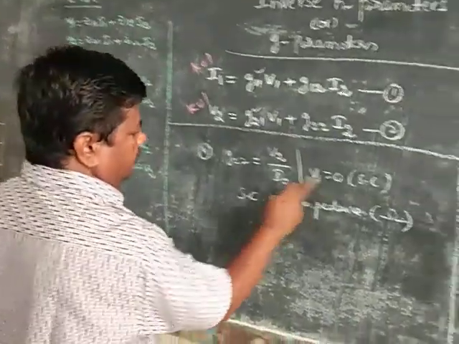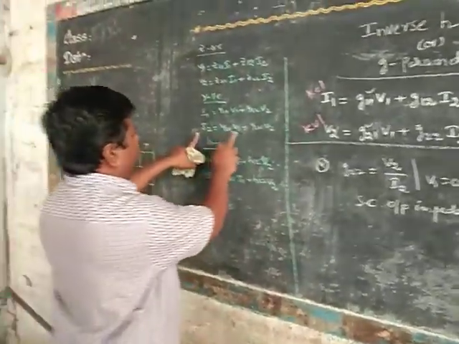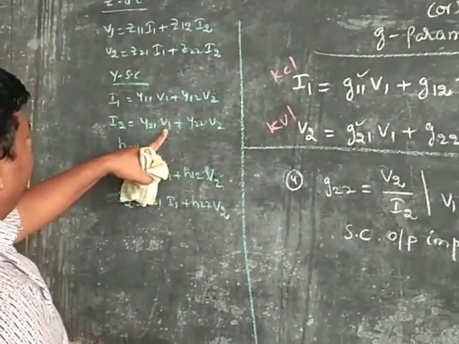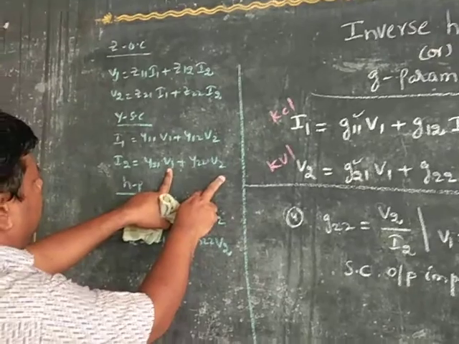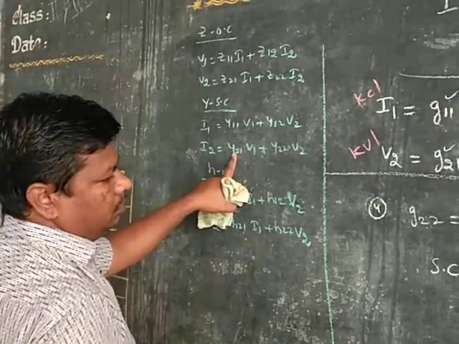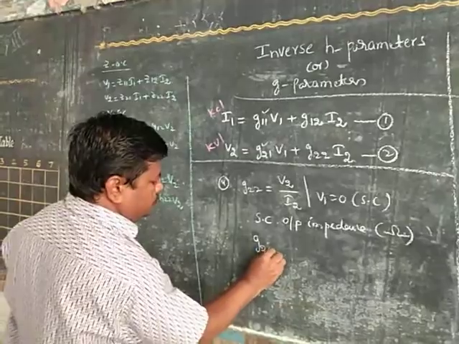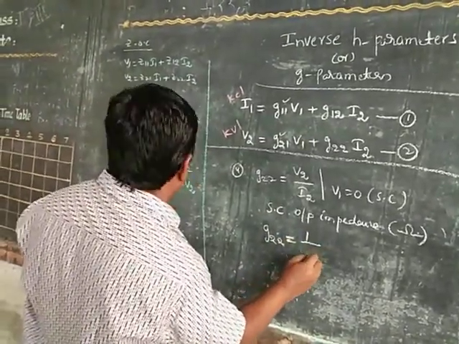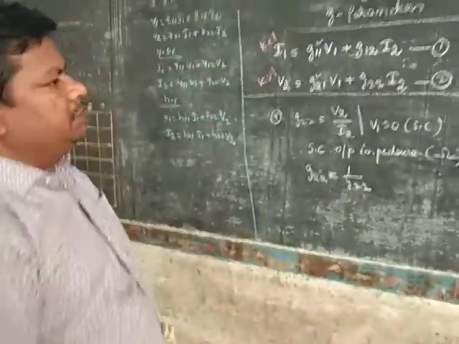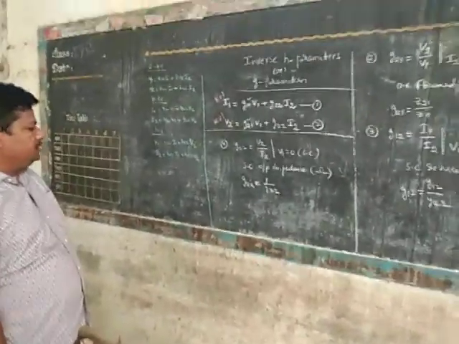Observe here, when V1 is equal to 0, V2 by I2 is equal to 1 by Y22. So G22 is equal to 1 by Y22. So these are the 4 inverse H parameters or G parameters.